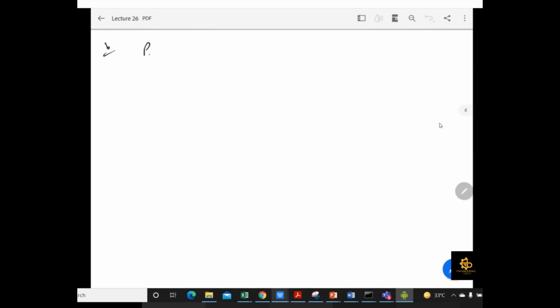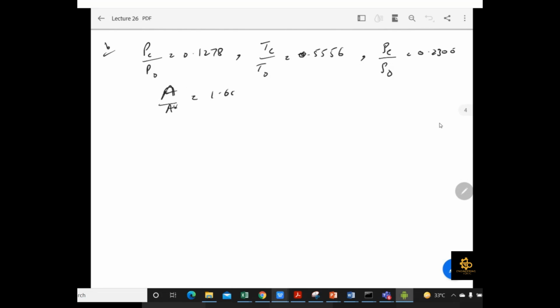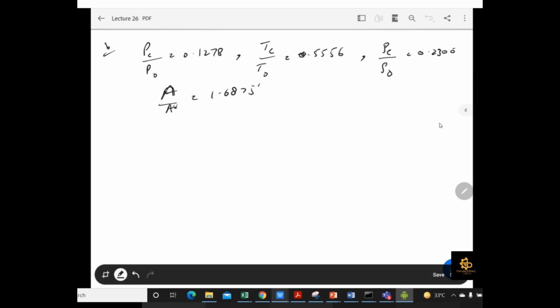From the table, P exit over P naught is 0.1278, T exit over T naught is 0.55556, rho exit over rho naught is 0.2300, and area divided by area star is 1.6875. From these relations, because area star is given in the question, and P naught, T naught, rho naught we already know.